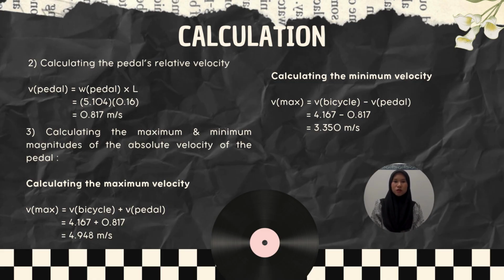The maximum velocity occurs when the pedal moves in the same direction as the bicycle motion, resulting in a value of 4.984 meters per second. The minimum velocity occurs when the pedal moves in the opposite direction, giving a value of 3.350 meters per second. This result demonstrates how the combination of translational and rotational motion affects the velocity of the bicycle pedal.